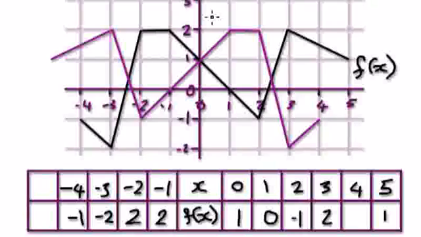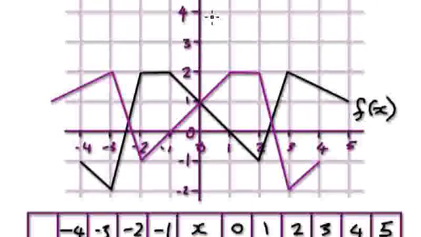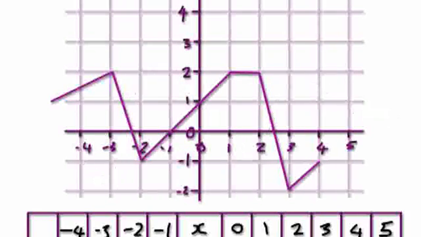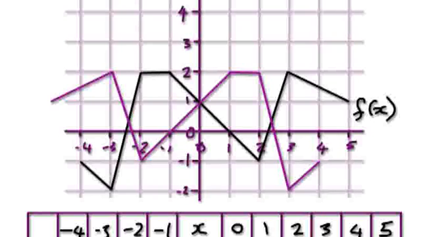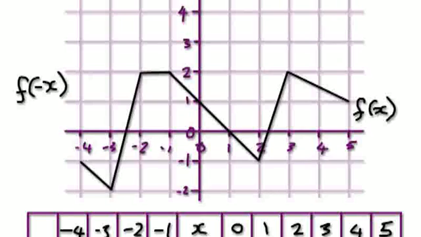This here is our original function. Our new function, this is our f of minus x. f of minus x looks like this.